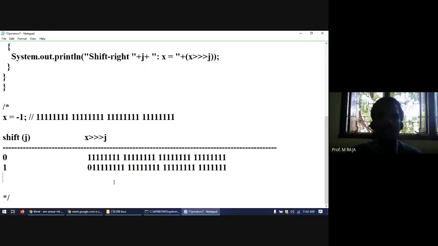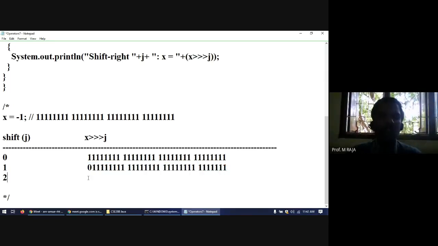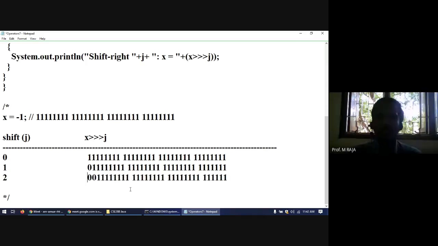Then shift number 2. In shift number 2, consider the first 31 bit positions. First 31 bit positions are moved one position right. So the last one, LSB, is lost. New MSB 0 is added. So this is the result during the second shift operation.